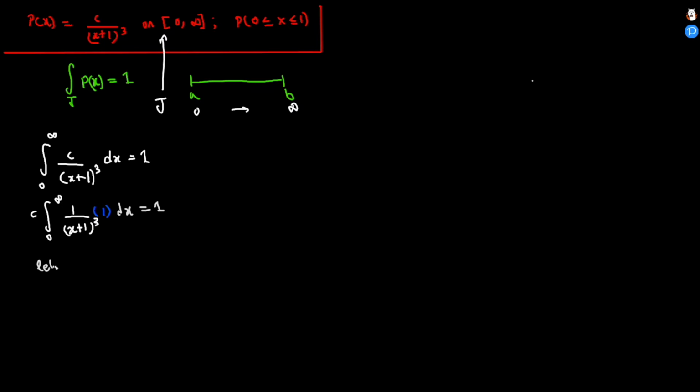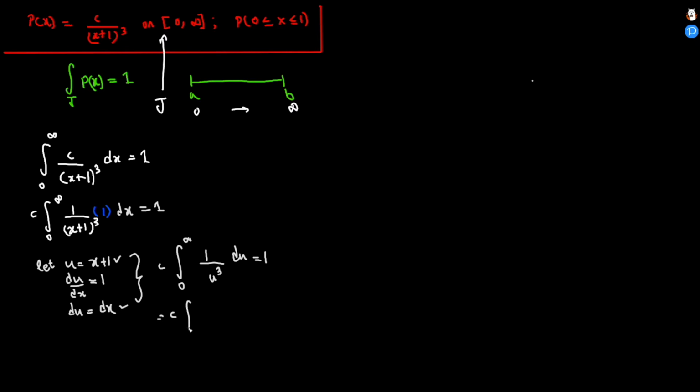So let u equal x plus 1. Then du by dx equals, this goes to 0 and this becomes 1, so du equals dx. Now we can substitute this value back into this equation, and that gives us c times the integral of u to the minus 3 du.